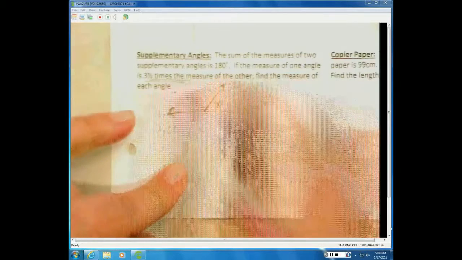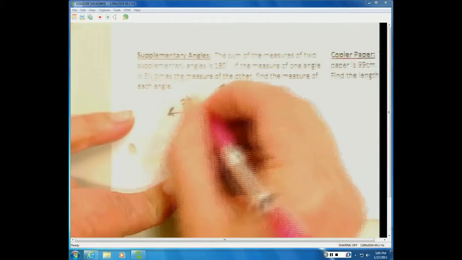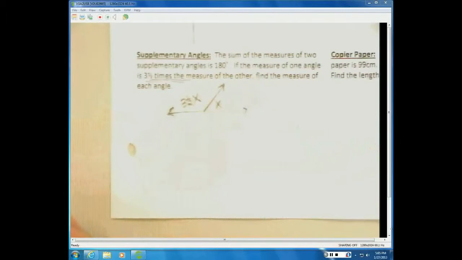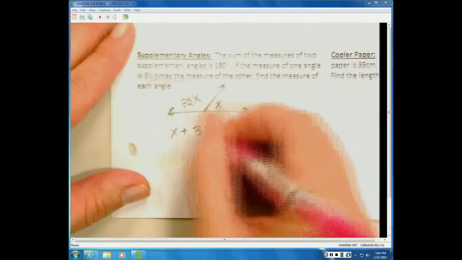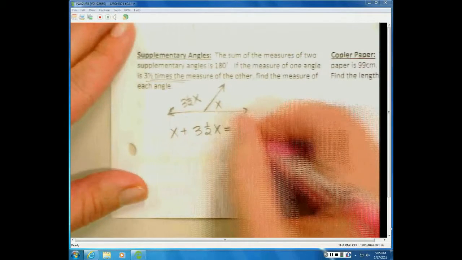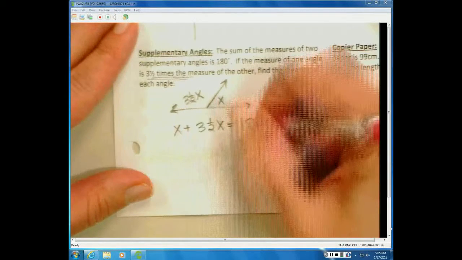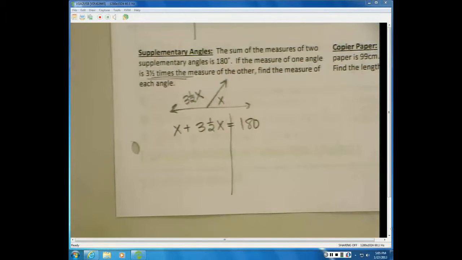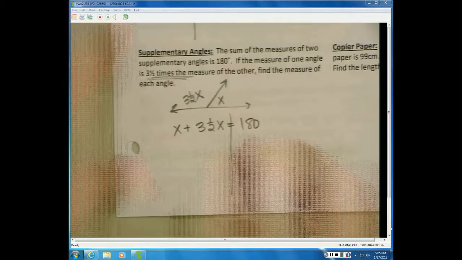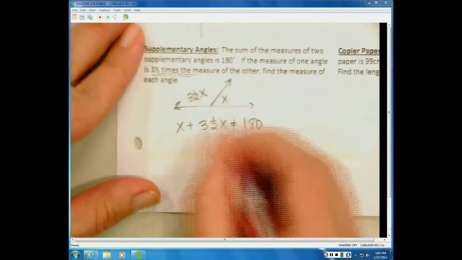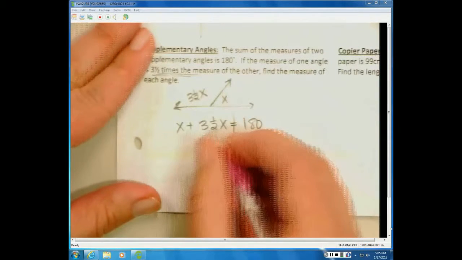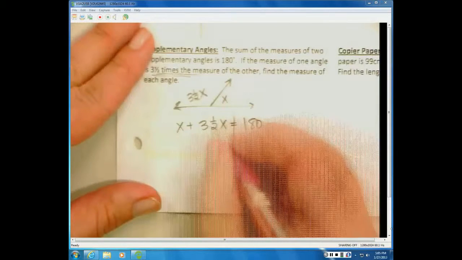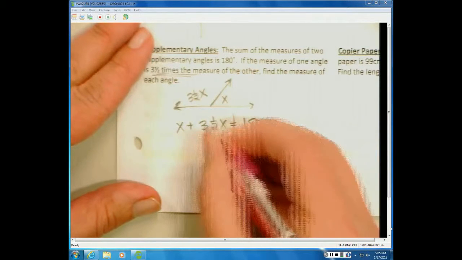This is going to be 3.5 times x. What do they add up to? Well, x plus 3.5x equals 180 degrees. So they add up to 180. For me, with this 3.5 here, I'm not a huge fan of that. What I would do is I would convert this to an improper fraction. 2 times 3 is 6, plus 1 is 7.